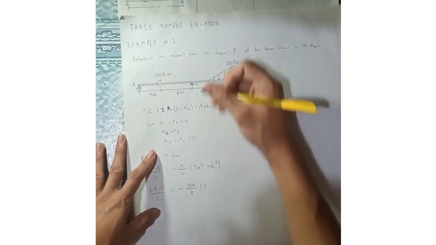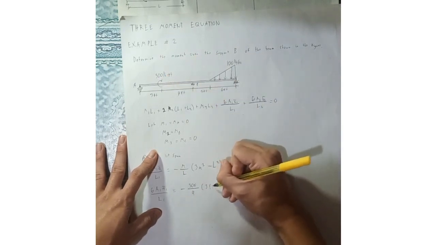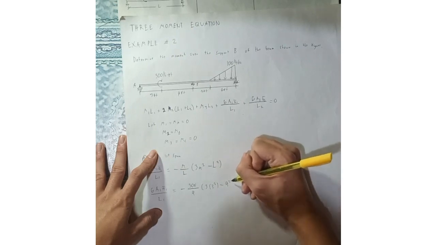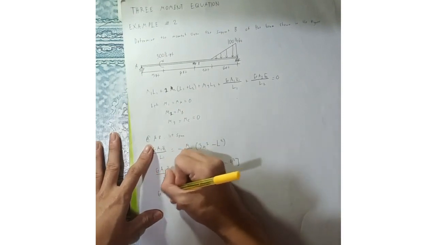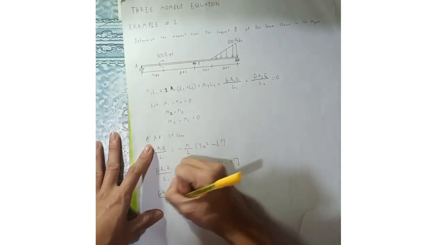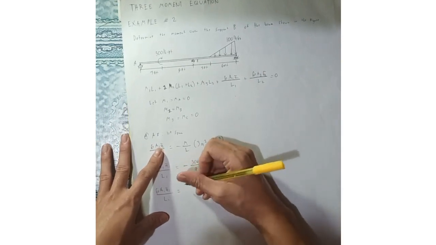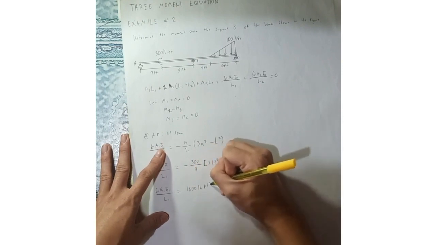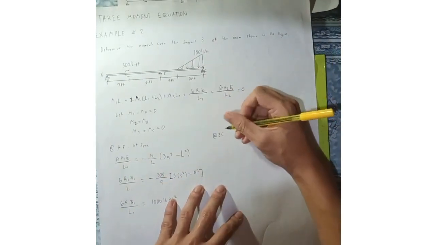So 3 feet. 3 squared minus 9 squared. Calculate. So 6 A1 A bar 1 over L1 of side AB is equals to 1,800 pound-feet squared.